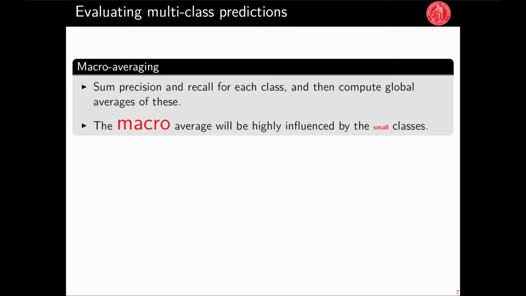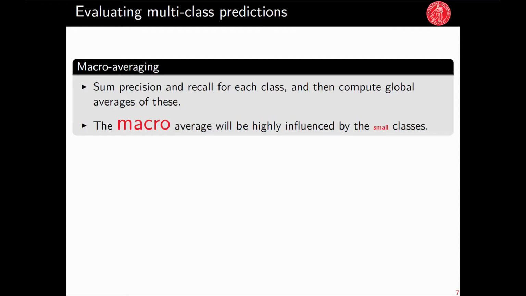So for macro averaging, what we do is basically just sum the precision and recall, these aggregated performance measures that we've computed for each individual class, and then compute an average of those. One problem with this macro average is that it will tend to overemphasize the results that we get on small classes, because all the precision and recall figures will contribute just as much to the average, regardless of the size of the class.